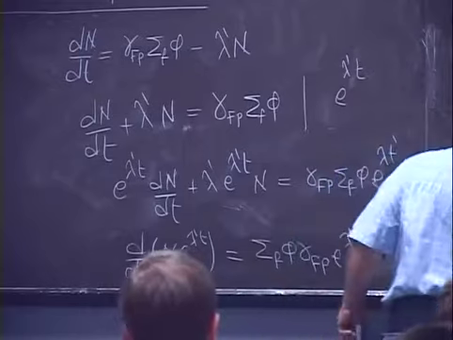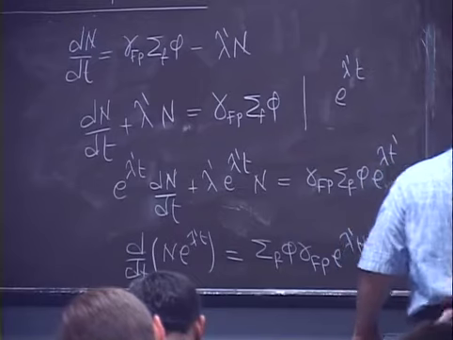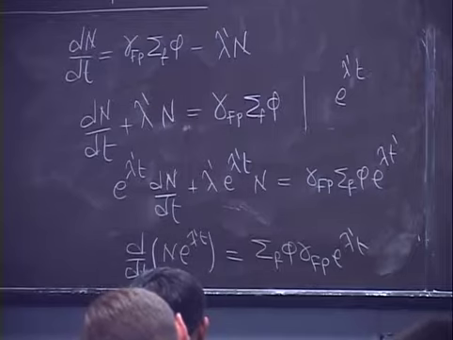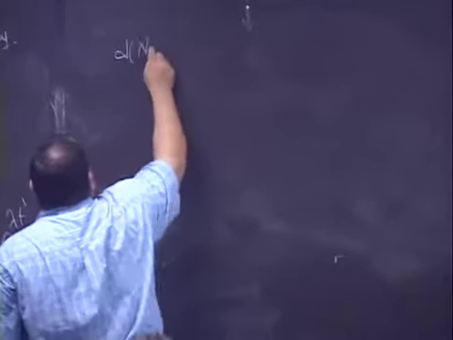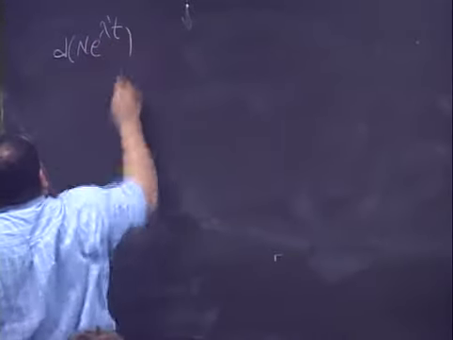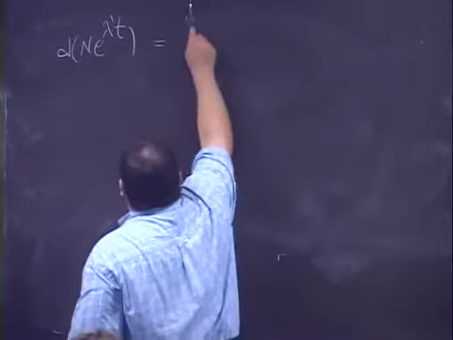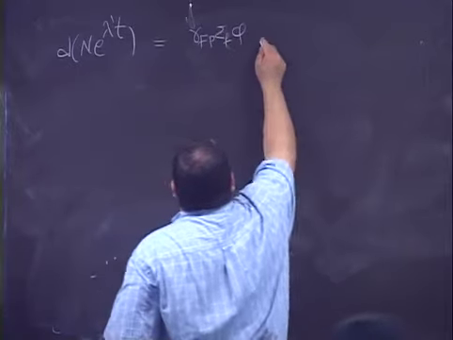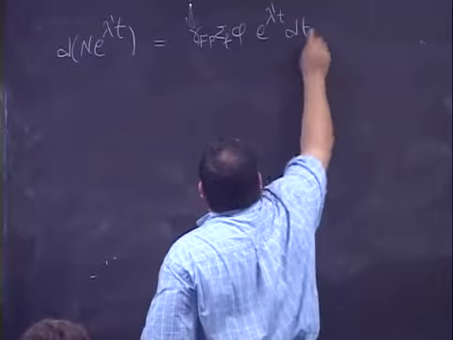Multiply dt on both sides and take the integration. So you will reach d of n e to the power of lambda prime t equal to gamma fission product sigma fission phi multiplied by e to the power of lambda prime t dt.